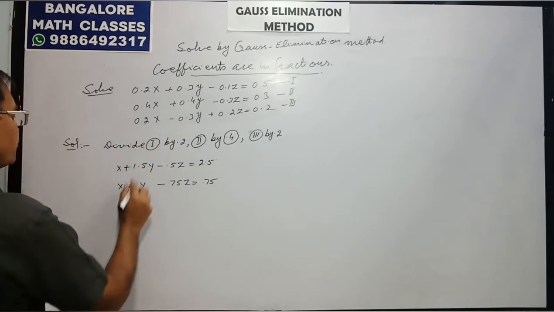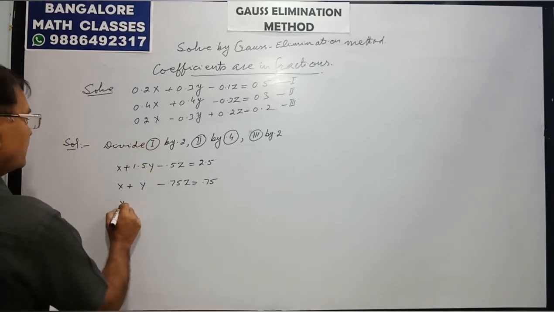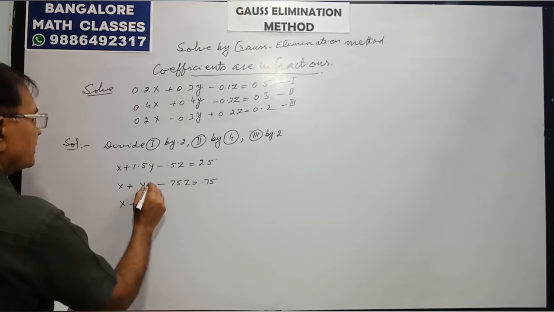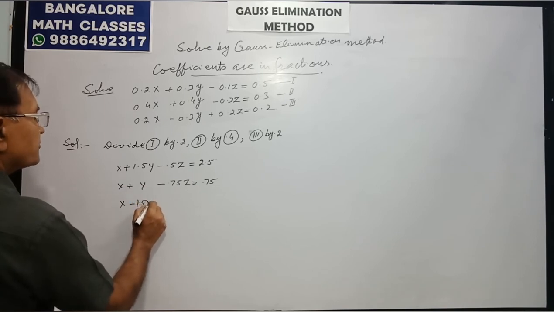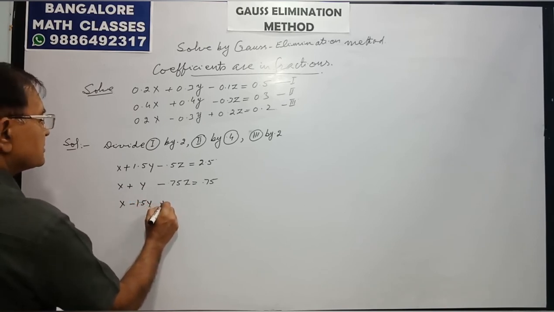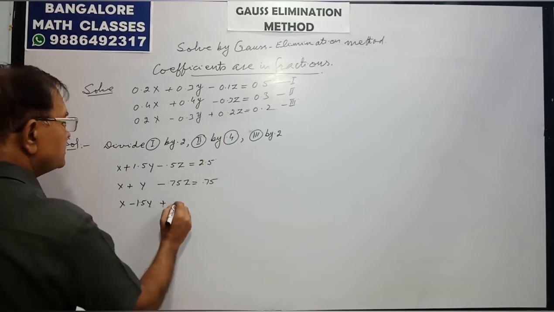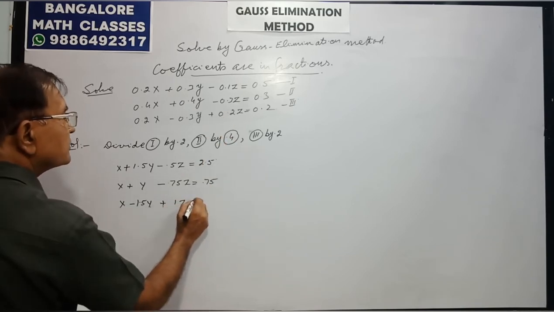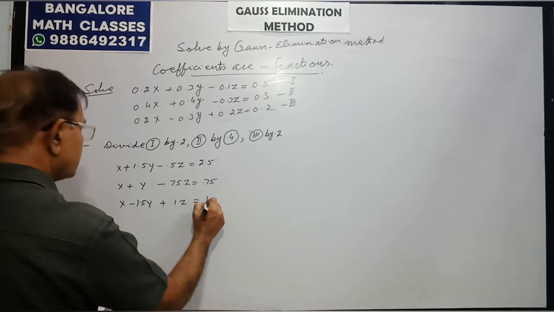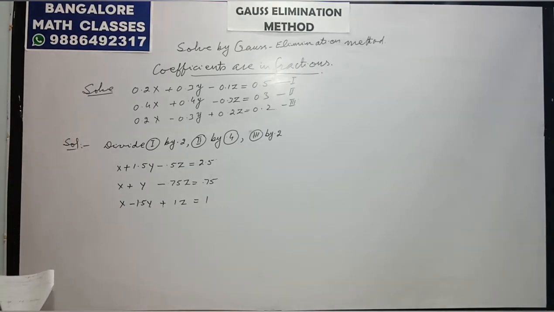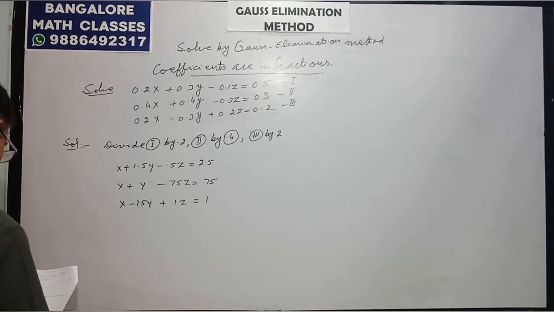So then third by 0.2: x minus 1.5y plus 0.2 means 1z equals 1. That's x plus 1.5y plus z equals 1.